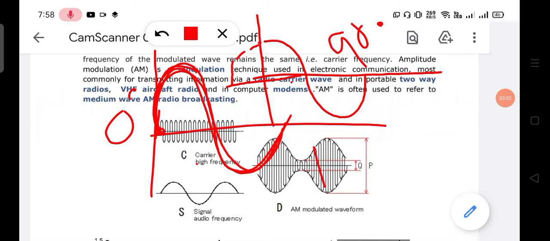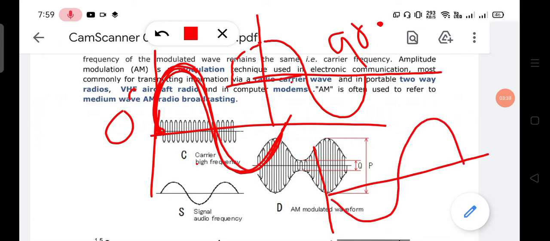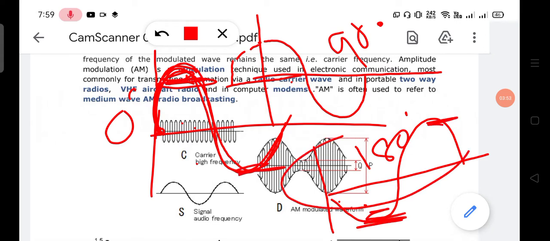And if we draw it like this, this is 180 degree phase shift. You see, the direction is totally rotated. The positive end comes to the negative end, and the negative end comes to the positive end in 180 degree phase shift.